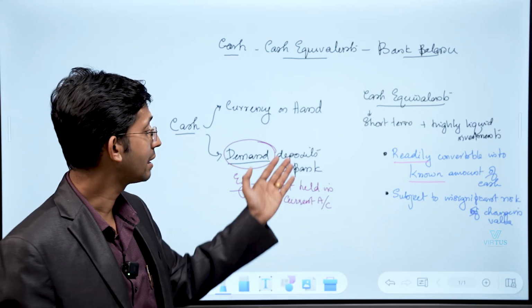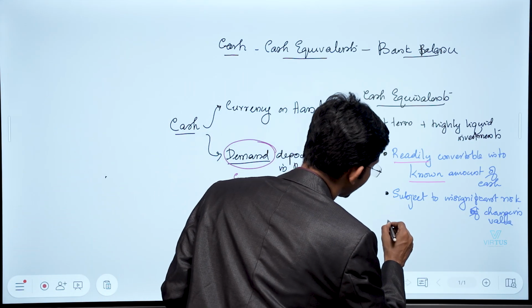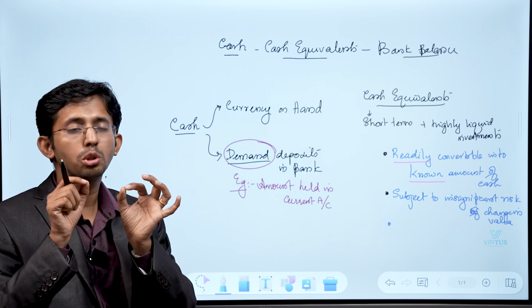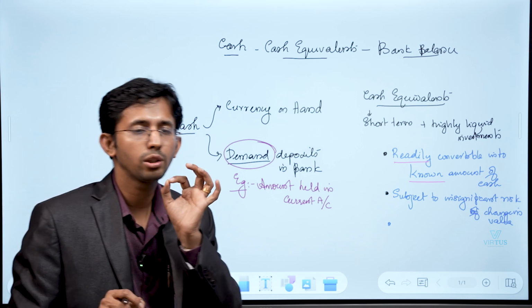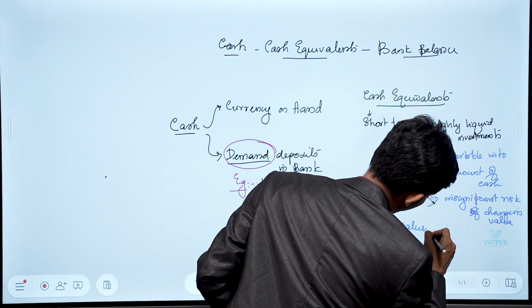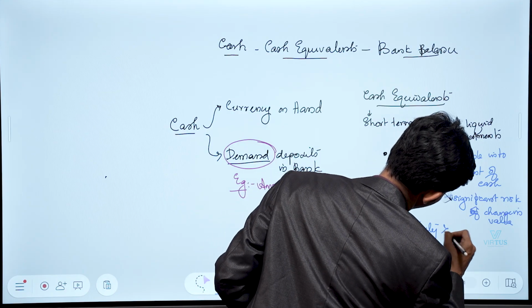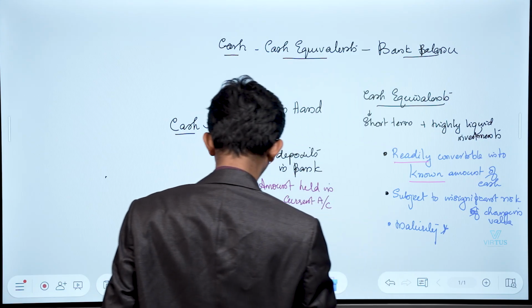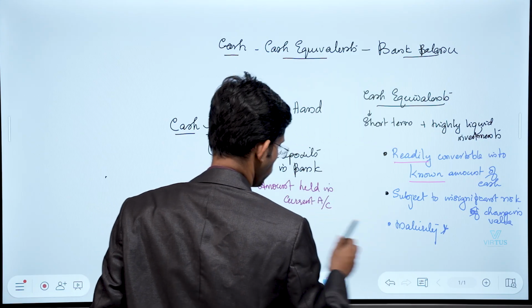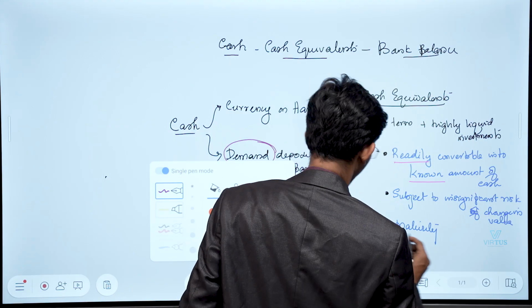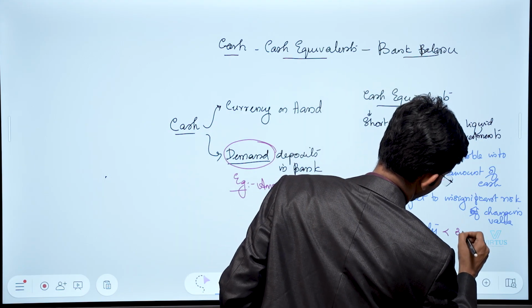So that is the second criteria. Now, what is the third criteria? The third criteria is also very important. The maturity should be less than 3 months from the date of acquisition. So, maturity less than, it's not greater than, maturity less than 3 months.